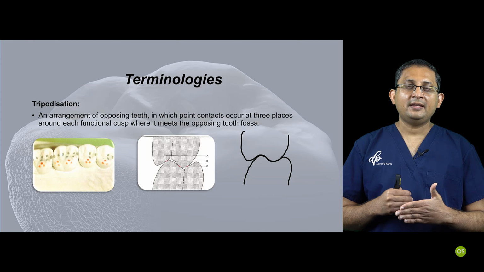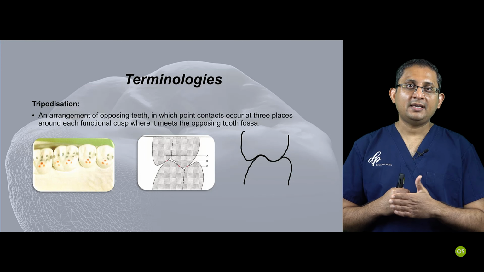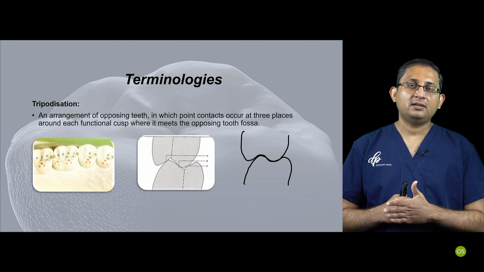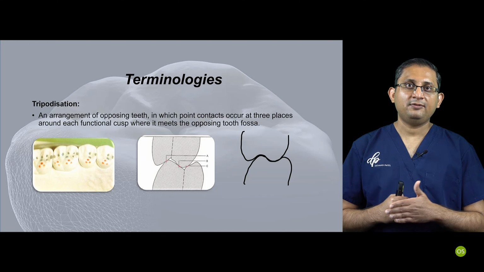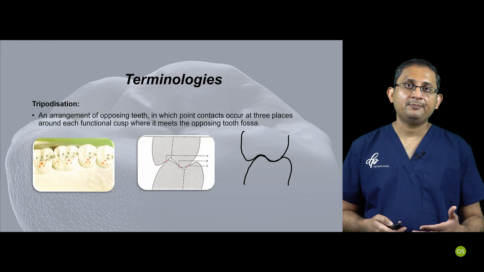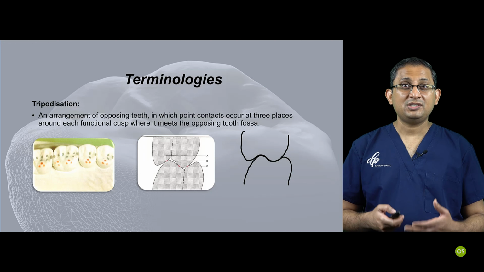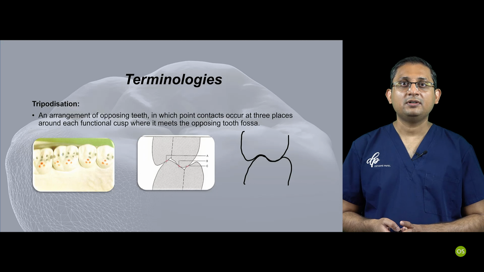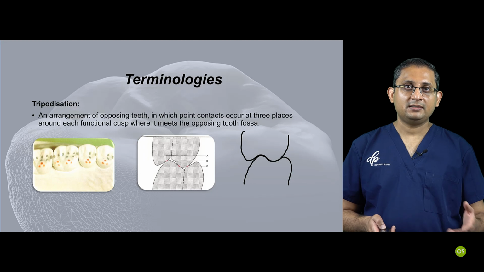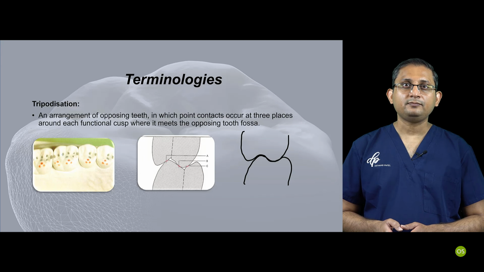So rather than a point contact, if the tooth has a flat landing surface, that is much better and gives long-term stability. It will have longer-term stability if you have that kind of landing surface. However, if you're doing tripodization, which is technically very difficult to achieve, it's still okay and is still considered a good standard practice.